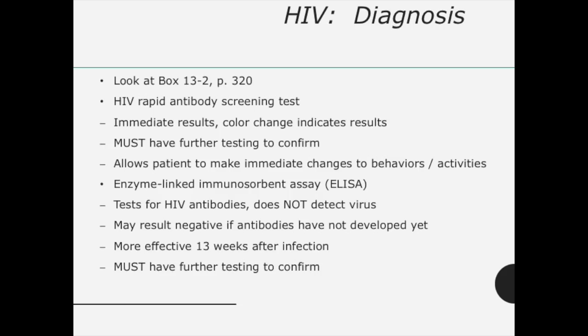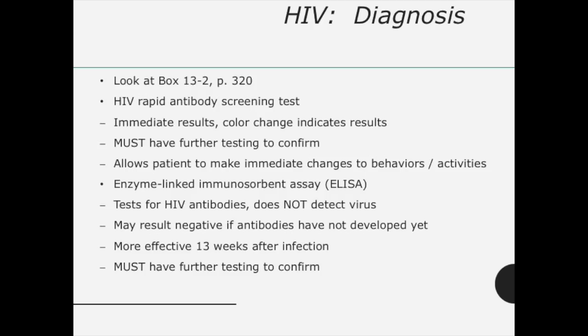So when we test these patients for HIV, they're going to have an HIV rapid antibody screening test, and then those immediate results will occur, but they have to have further testing to confirm. So they're going to have that ELISA, this test for HIV antibodies.